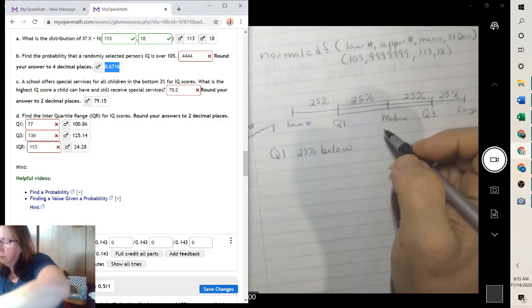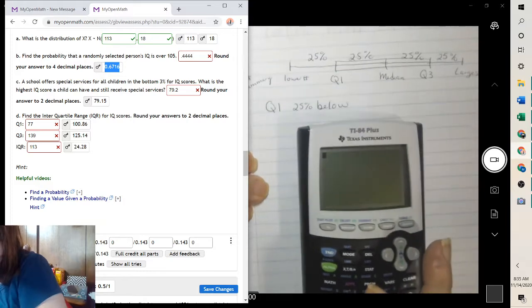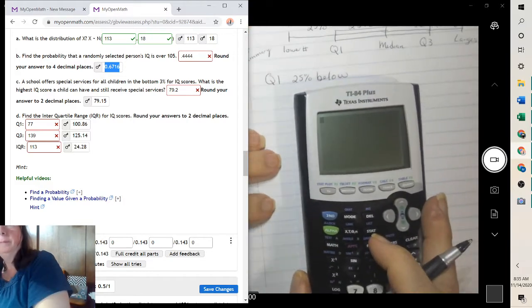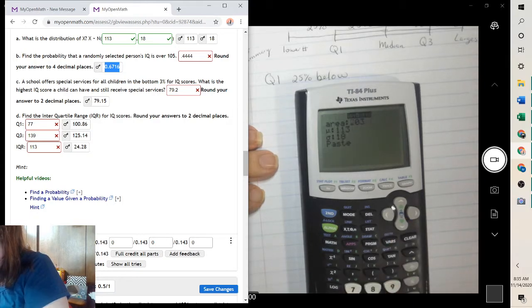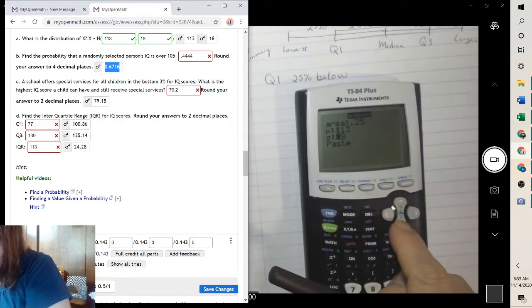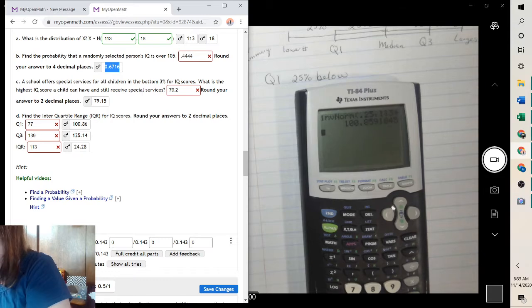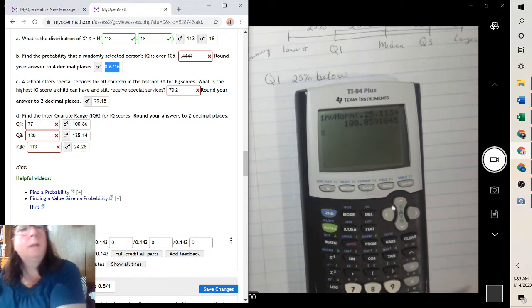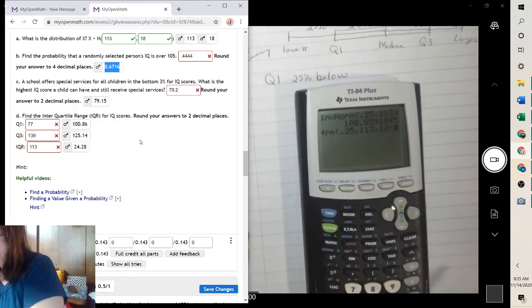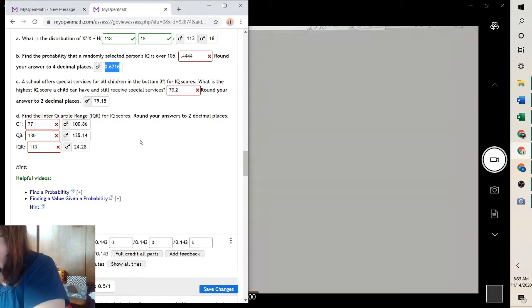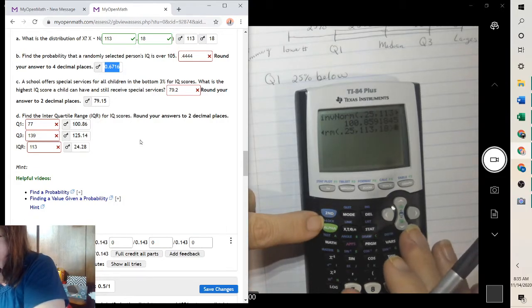So we use second, distribution, go down to inverse, and then the data would be 25%, so 0.25, and our mean and standard deviation are the same. There it is, 100.86.